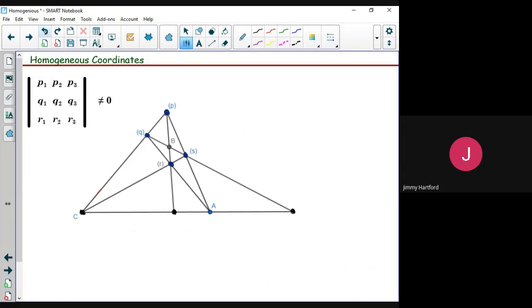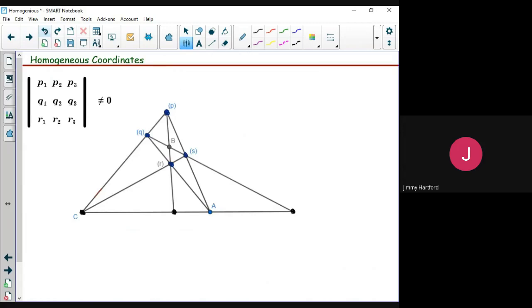I want to establish A to be the intersection of QR and PS. Now I've established what P, Q, and R are. It's just going to be some triple of P, P, P, Q, Q, Q, R, R, R. But we haven't established what S is. So the first thing we need to try and do is establish where S is.